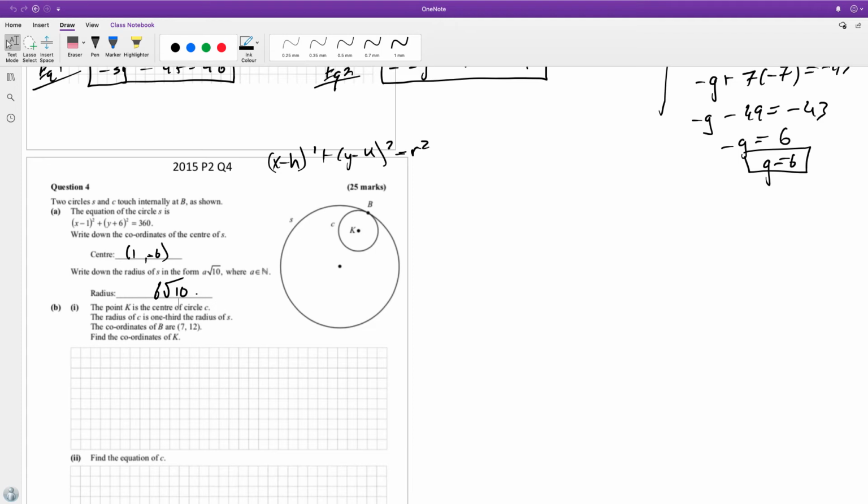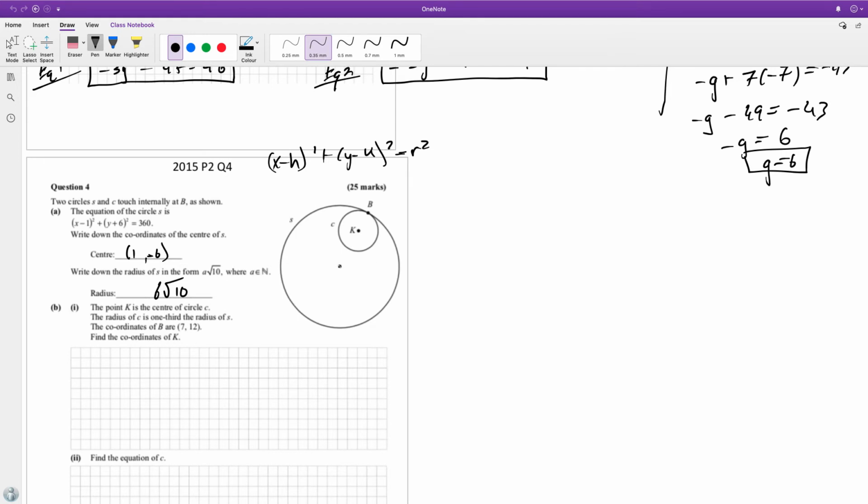So if you finish the first bit, get me the equation of C. Once again, for the equation of the circle, you need a center and you need a radius. Right, let's take a little go at it.